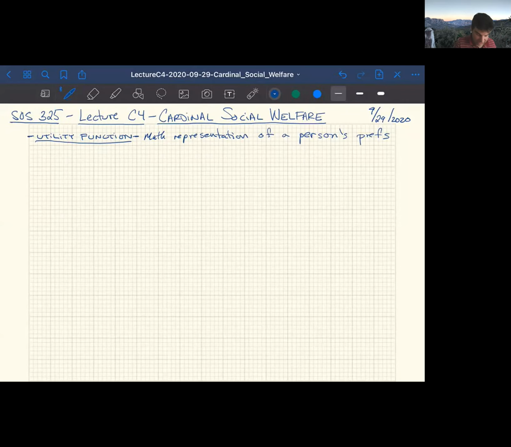And so we've seen that if I'm given options A, B, and C, and I prefer A over B over C, then in theory I should be able to make a function, we'll call it U, that when you evaluate it on option A, it gives you a number. And that number should be greater than what you evaluate on option B. And that number should be greater than when you evaluate it on option C.